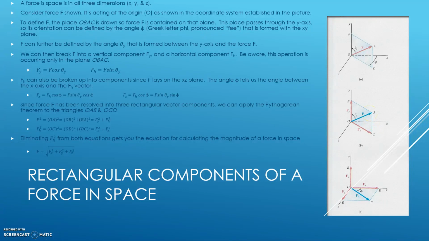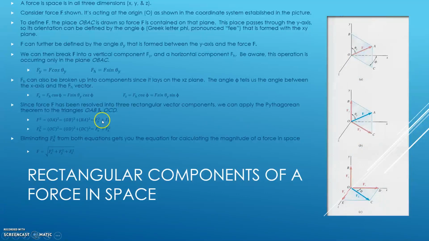But notice that horizontal, F sub h, is lying on the xz plane, so we need to know what those components are. Since it lies on the xz plane, using that angle phi that we figured out earlier, we can figure out the x component and the z component. Those three components put together define our F.